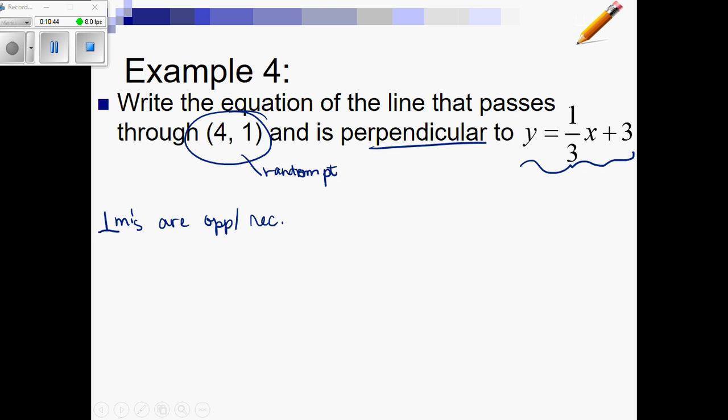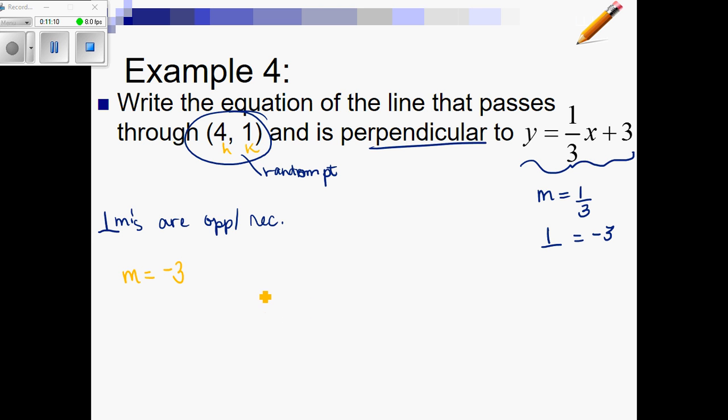Remember that? So the slope of this is 1/3. The perpendicular slope would equal -3, opposite in sign and the reciprocal. So our slope is going to be m equals -3, and our random point is 4, 1.